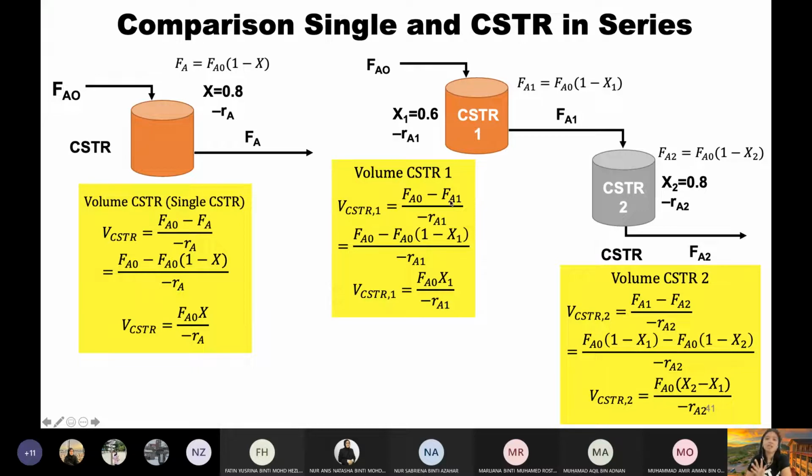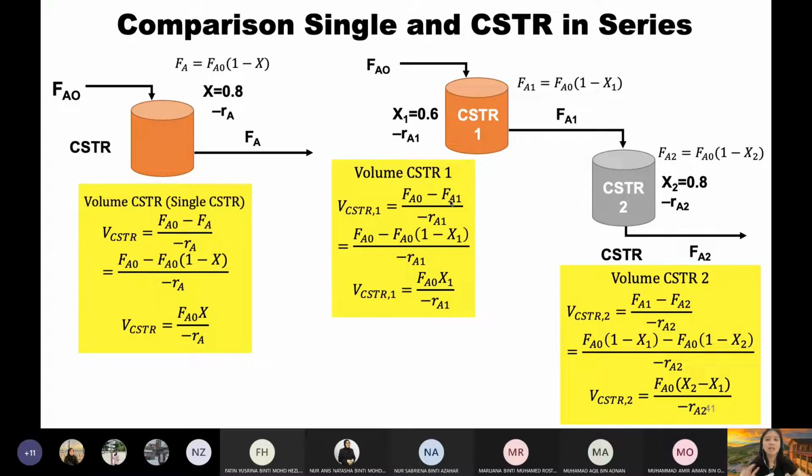You might wonder why we always need to rearrange. In reactor design it's always about conversion. We always want to know how much A is converted, how much of your raw material is converted.